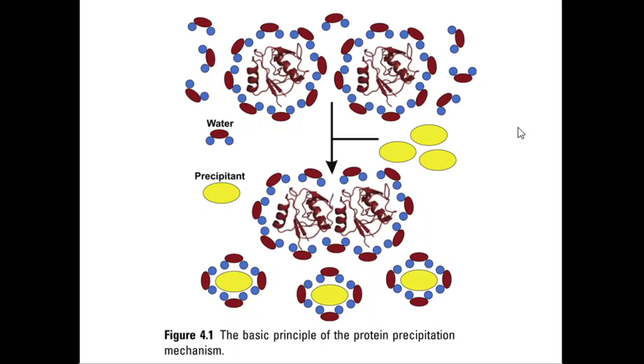So fewer water molecules are required to interact with the protein surface, and the concentration of free water, that means the water molecules not interacting with the protein surface, is increased. That means water activity has increased. So the net effect is that the protein becomes more soluble. This is observed when the salt is at low concentration. What happens at higher concentration of salt?